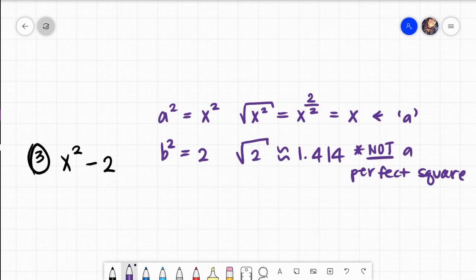The answer to a problem that fails one or more of the requirements we need for this method is called prime. So the answer would be this polynomial is prime.